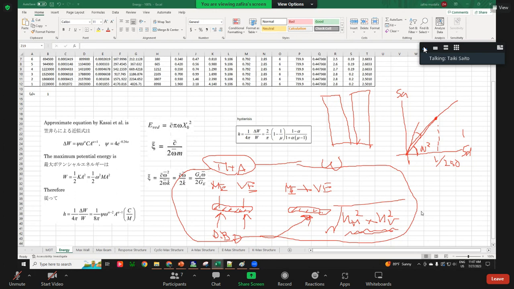Or just the steel beam, not damper. I don't know which one is good. Well, anyway, metallic damper, no. Yeah, let's discuss how to do. You can try, maybe. Try to make the story first.